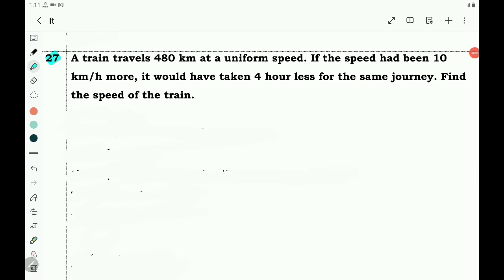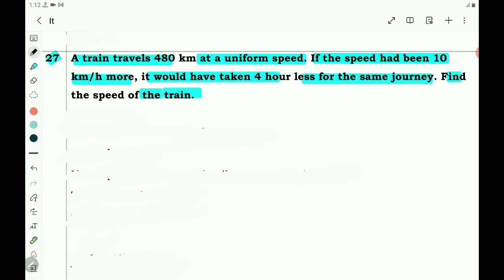Question number 27. A train travels 480 km at a uniform speed. If the speed had been 10 km per hour more, it would have taken 4 hours less for the same journey. Find the speed of the train. You know the relation among time, distance and speed. You know that time is equals to distance by speed, and what is asked here?